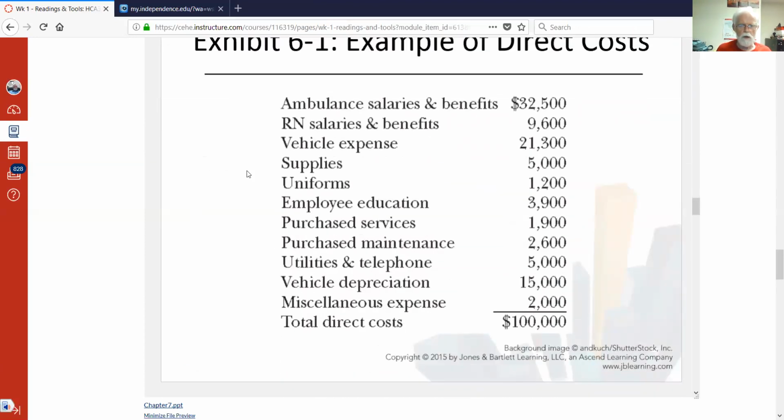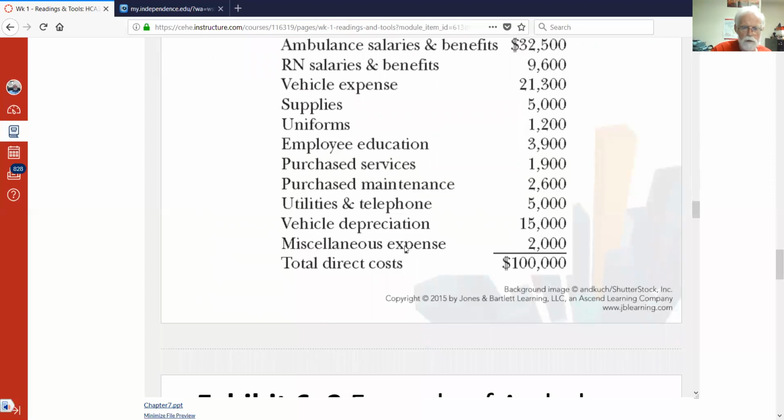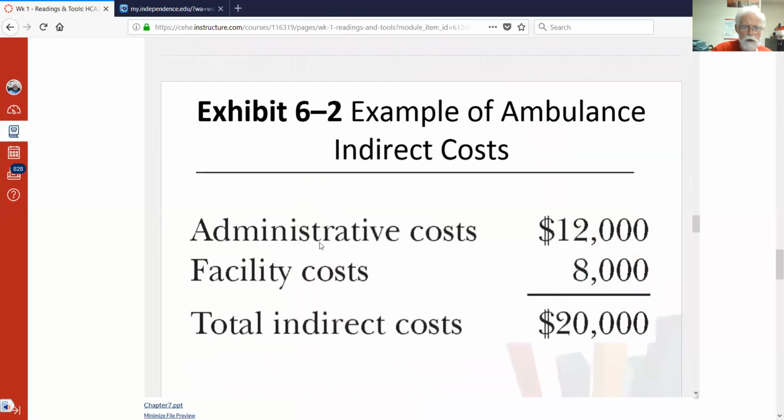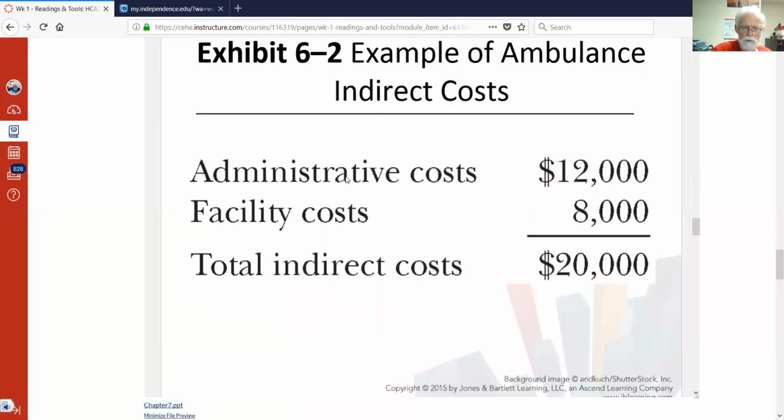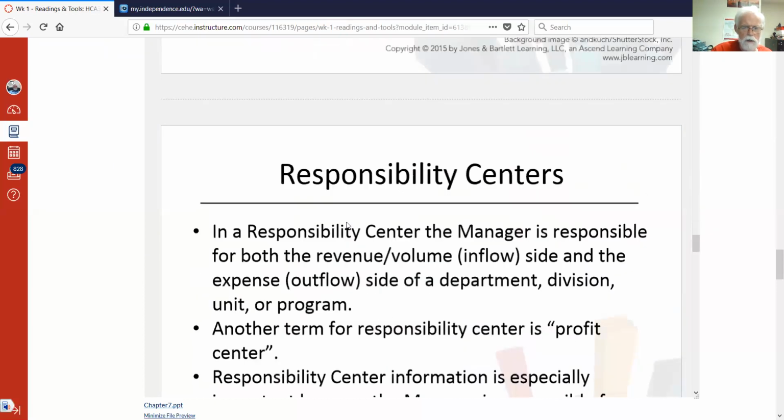Here's a direct cost for, say, an organization. Direct costs: ambulance salaries and benefits, nurses' salaries and benefits, vehicles, supplies, uniforms, etc. All the things that can be ascribed to the individuals there. Indirect costs: the overhead, facility, and administrative costs.